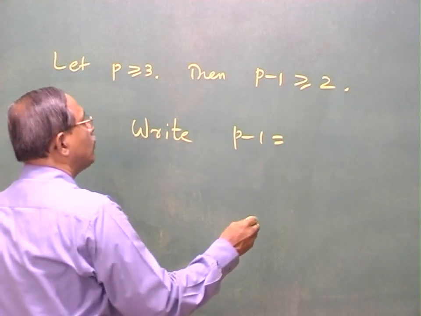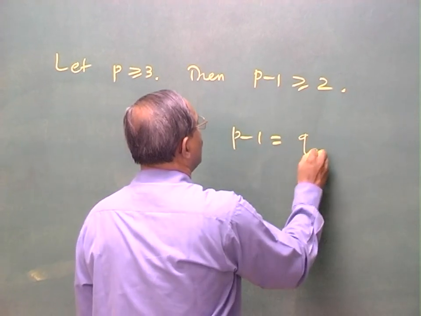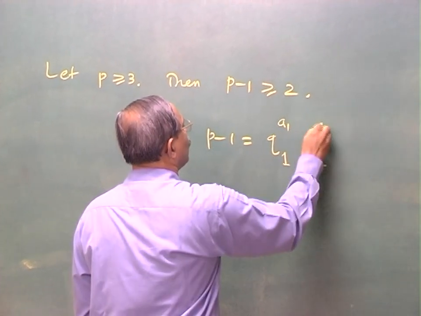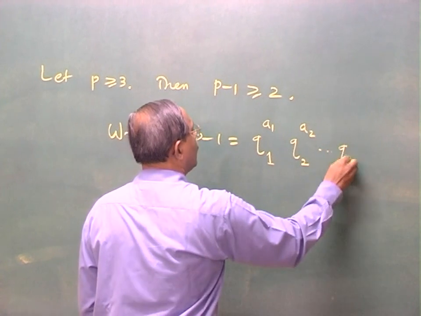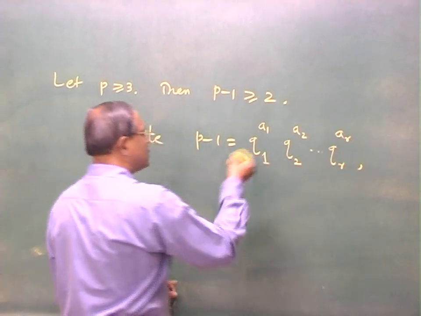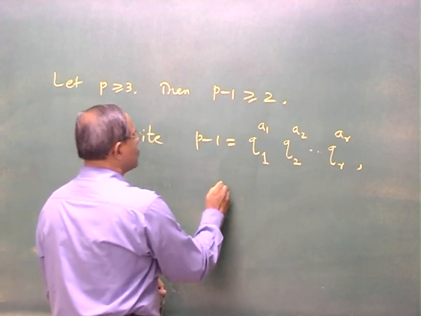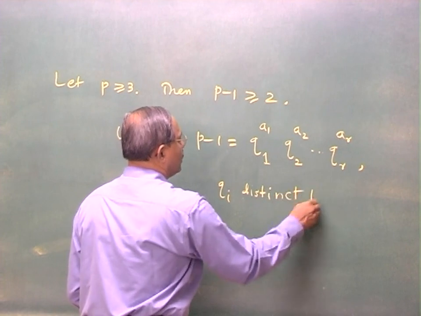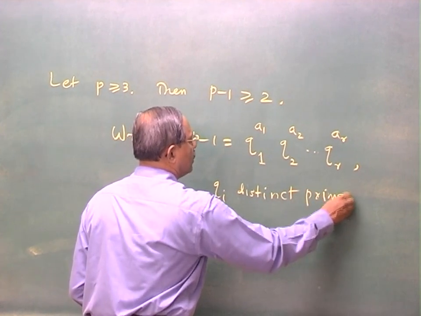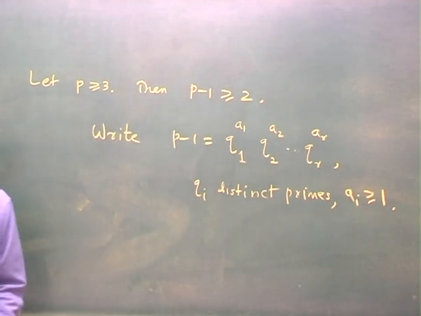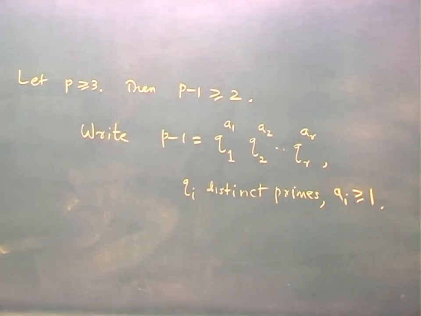P minus 1 equal to Q1 raised to A1, Q2 raised to A2, etc., QR raised to AR. This is the canonical factorization. So the Qi are distinct primes and Ai is bigger or equal to 1.